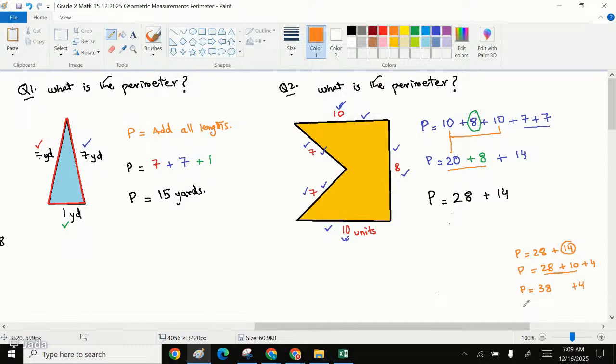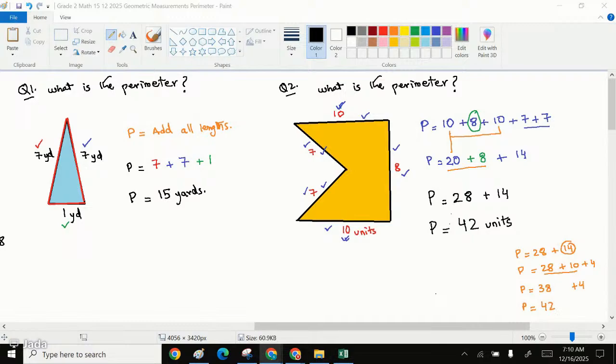What is 38 plus 4? 39, 40, 41, and 42. That means our answer over here is perimeter is 42. But we have to give the unit since it's not given in the question. So we write 42 units.